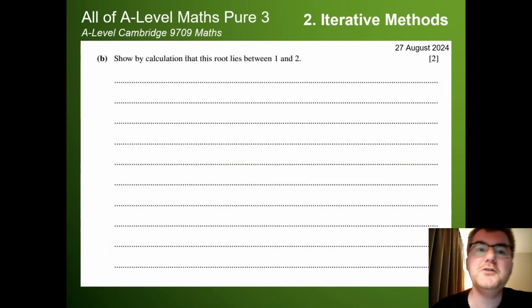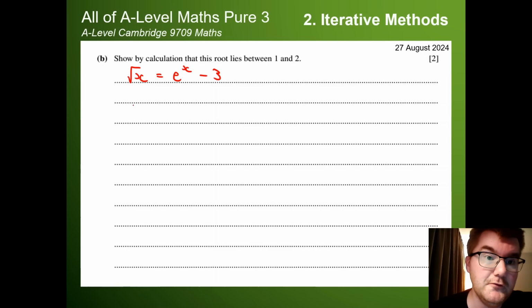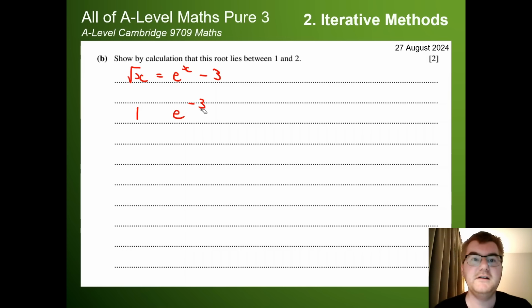Now, from calculation, we need to work out the root lies between 1 and 2. So let's copy out our function here. Root x is equal to e to the power of x minus 3. And so we're going to try 1 first of all. So we get root of 1, which is just 1. And then we're going to get e minus 3. Shouldn't put the equal sign straight away because we are going to work out what's going on between them.